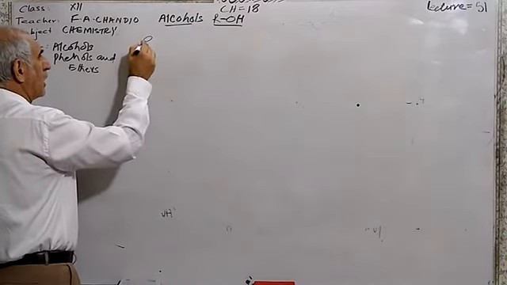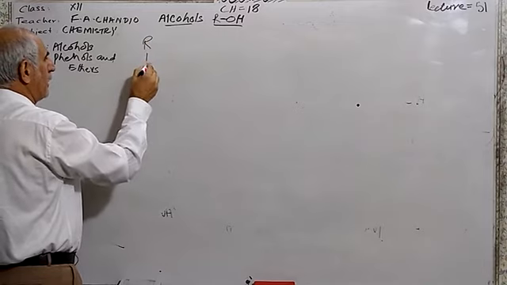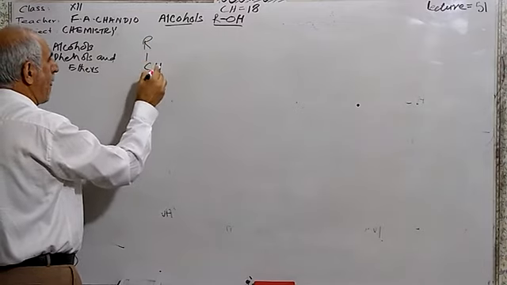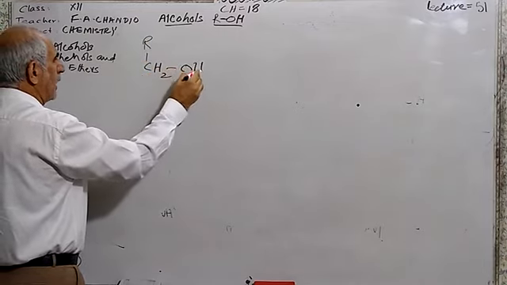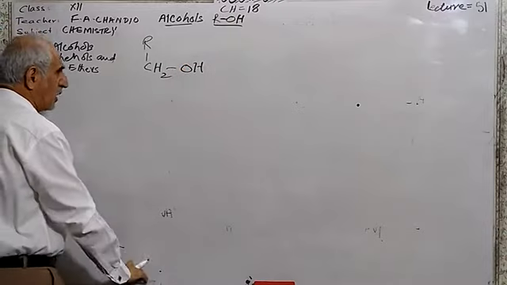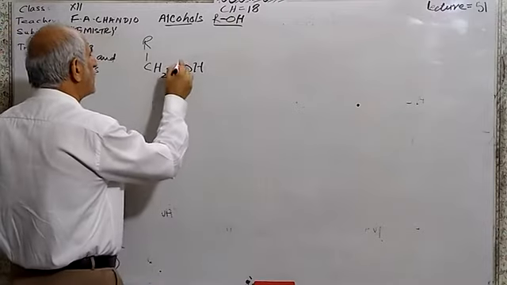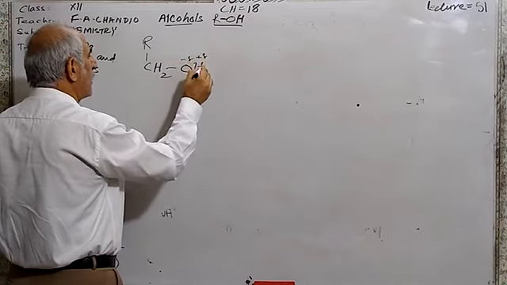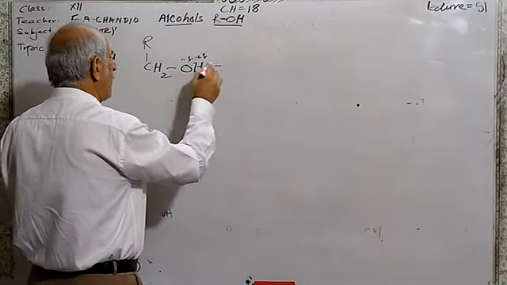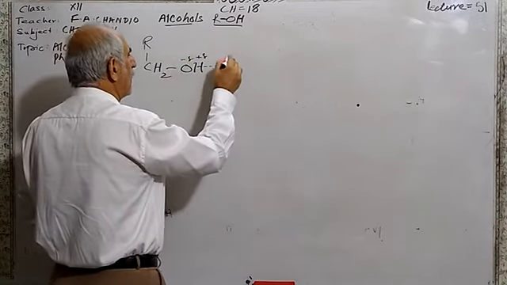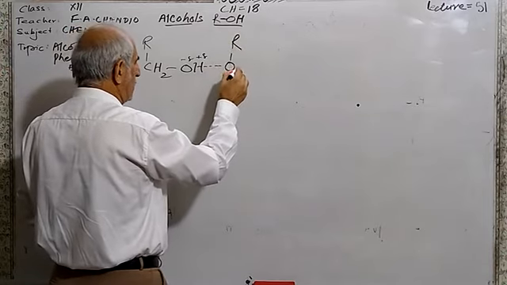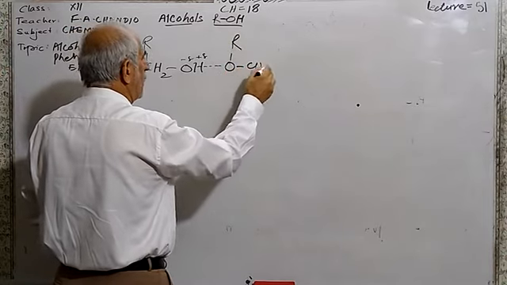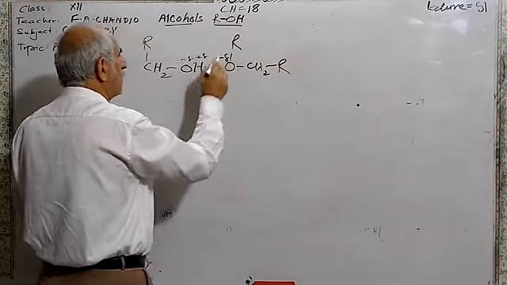This is the alkyl group, like this one. So this is the partial negative and this is the partial positive. This partial positive must be here with another alcohol like this one.